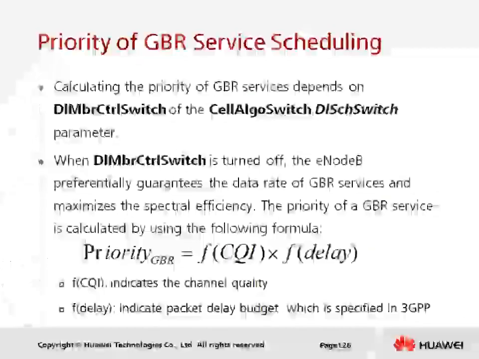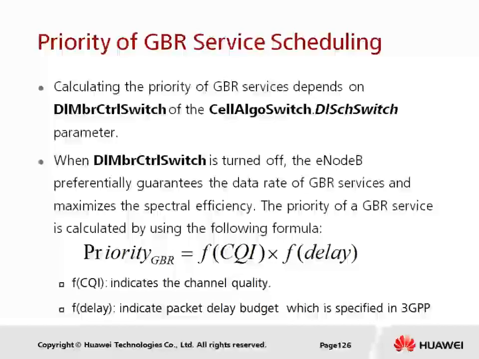Then we're going to have a look at the formula or the equation for the priority calculation. It depends on whether this is for GBR service scheduling, meaning the guaranteed bit rate which has been set in the 3GPP has to be followed.